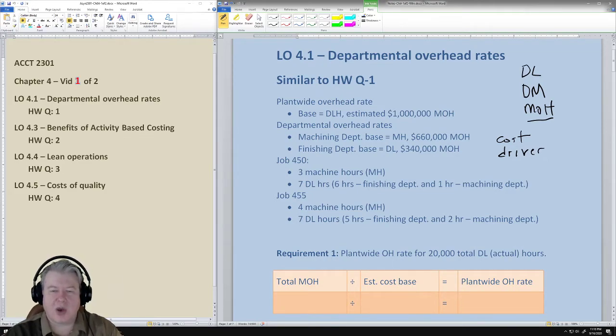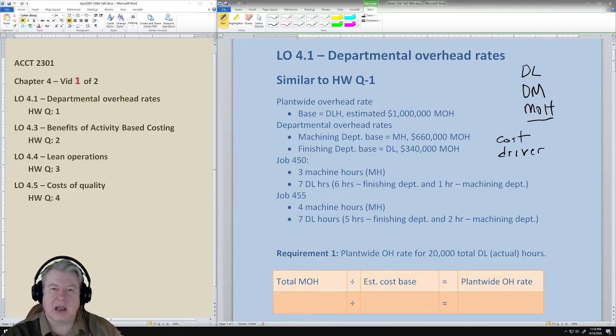Let's say all you have is one machine. You've got some sort of big machine, a printing press or something like that, and all it uses is electricity. At the end of the month, you haven't gotten the electricity bill, but you could probably estimate it based upon how long you actually ran the printing press.